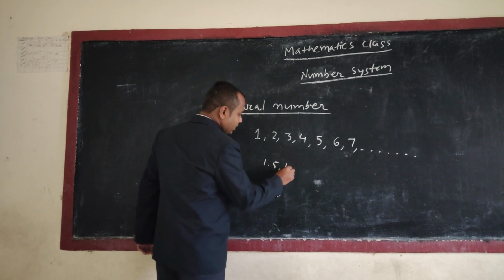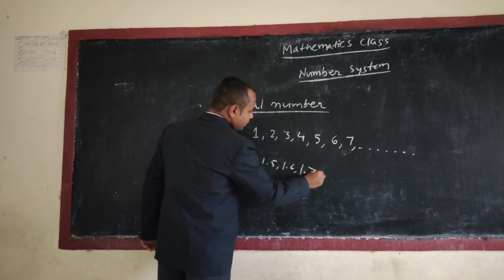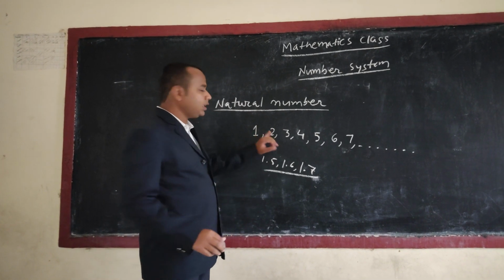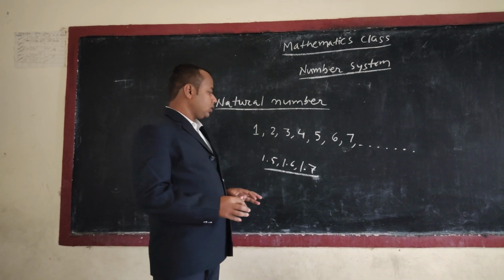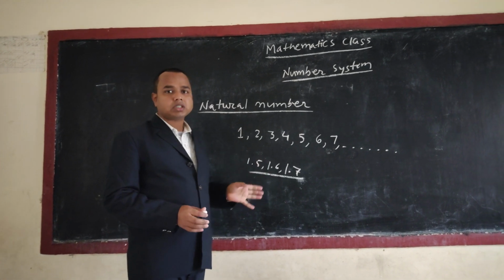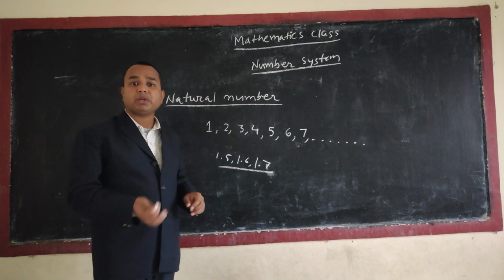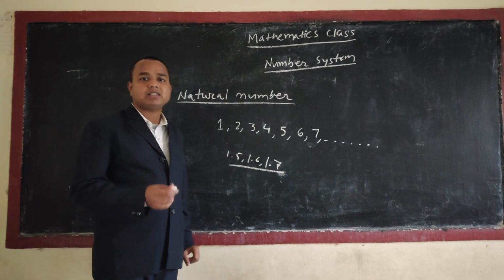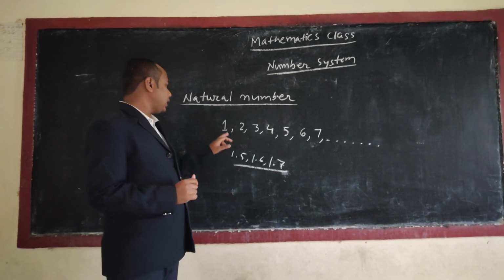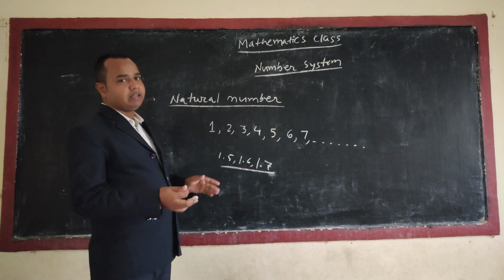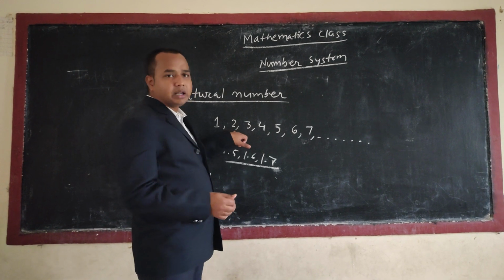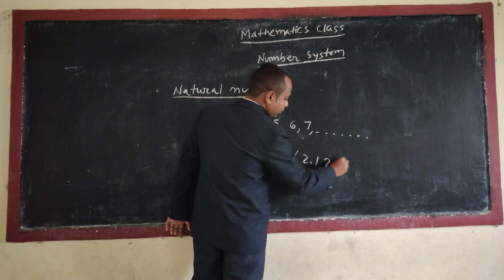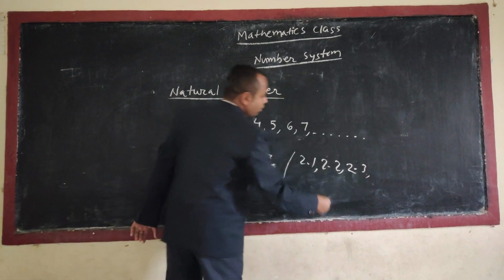Just like, see, 1.5, 1.6, 1.7, these are also numbers. There are infinitely many numbers between 1 and 2, but the numbers that lie between 1 and 2 cannot be used for counting. In the same way, there are infinitely many numbers between 2 and 3, like 2.1, 2.2, 2.3, dot dot dot.